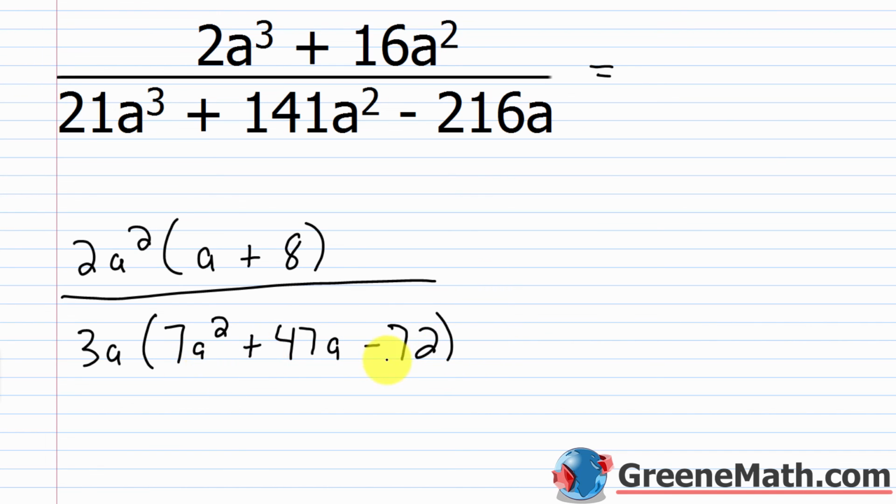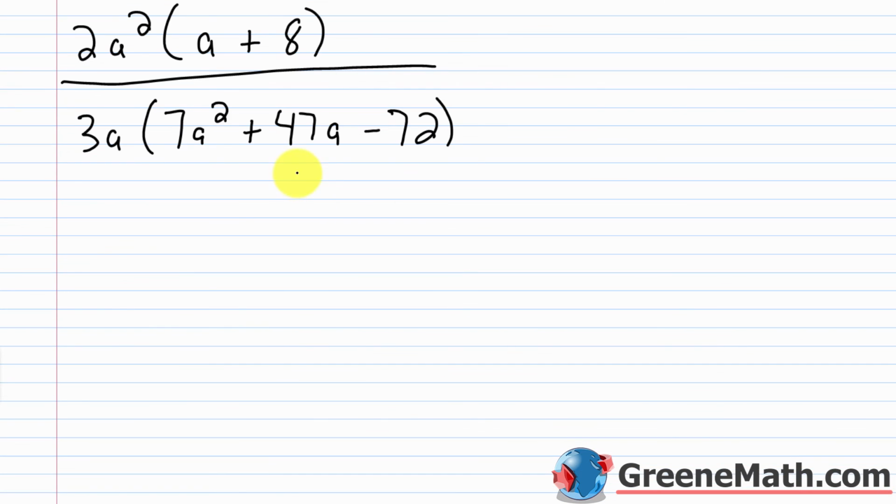So for the denominator, let's factor this down here real quick. I'm going to use the grouping method. Give me two integers whose product is 7 times -72, which would be -504, and whose sum is 47. Because I don't know the factors of 504 off the top of my head, I'd have to make a factor tree.